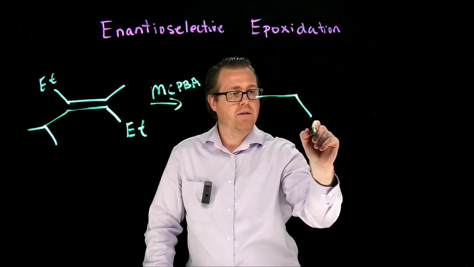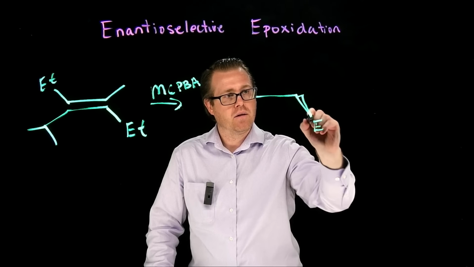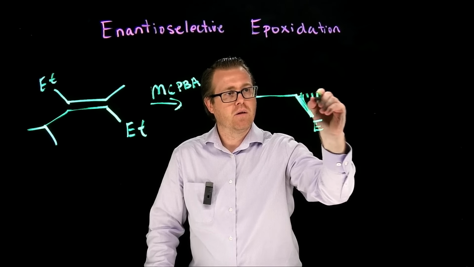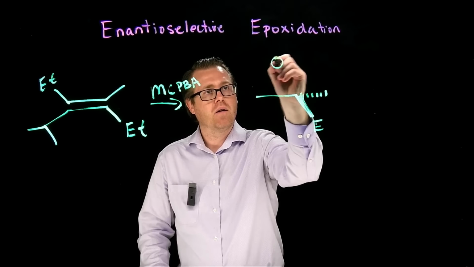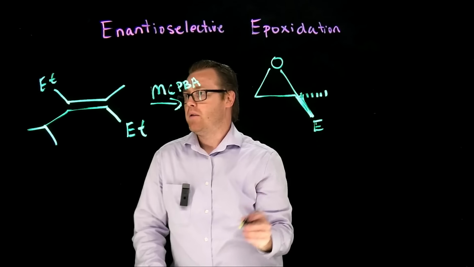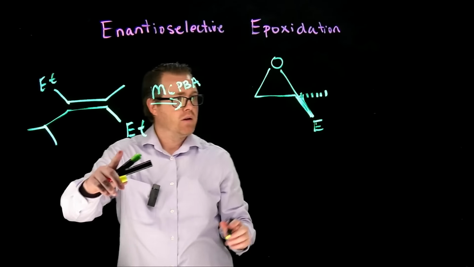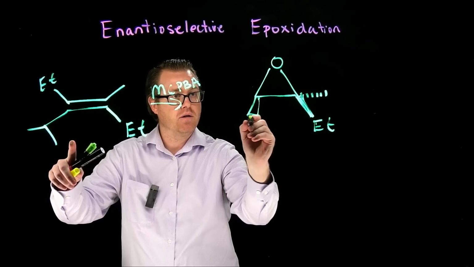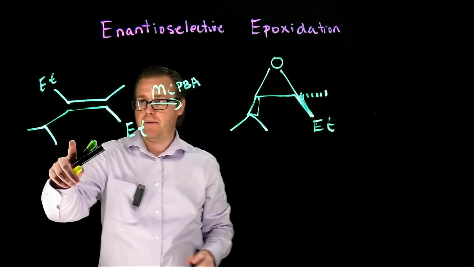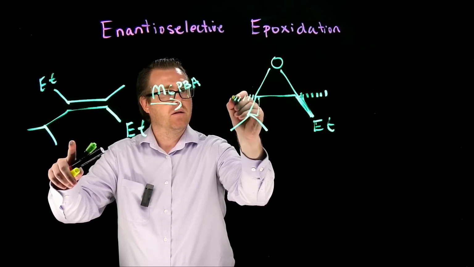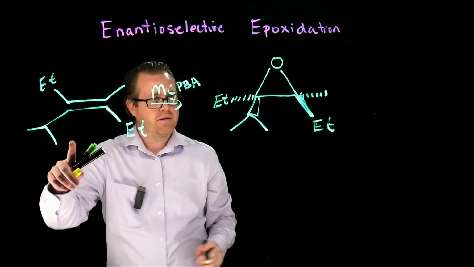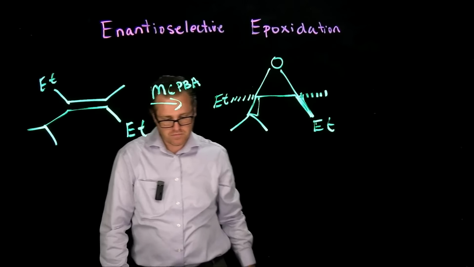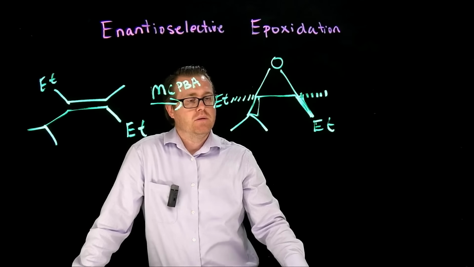You would have our ethyl there, and our methyl there, our oxygen. And so our ethyl right there, so that means our isopropyl is also on the same side, right? And our ethyl like that. Okay.